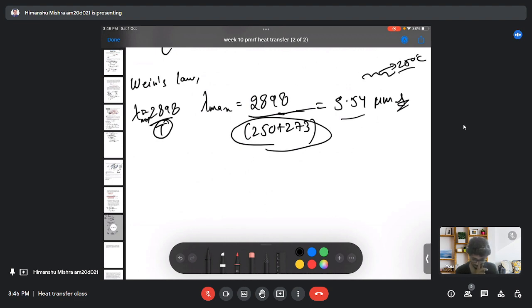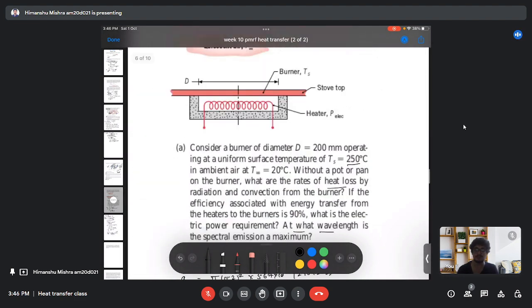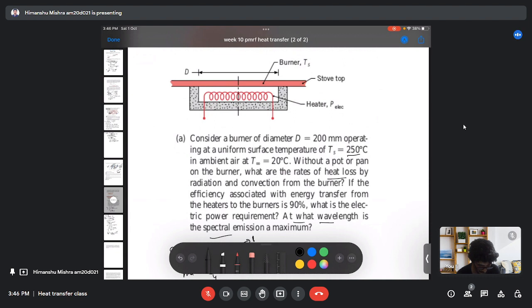So this is the required maximum wavelength that our system could emit because of the given temperature, 250 degrees Celsius. So in this question, we have been given a burner, and the surface and ambient temperature was given, diameter is given, and we need to calculate the total heat loss that is occurring in our system. So in this system, there will be heat loss due to convection as well as radiation.